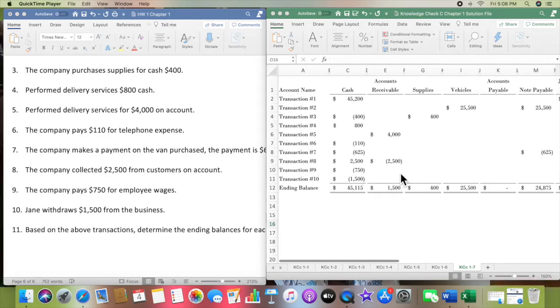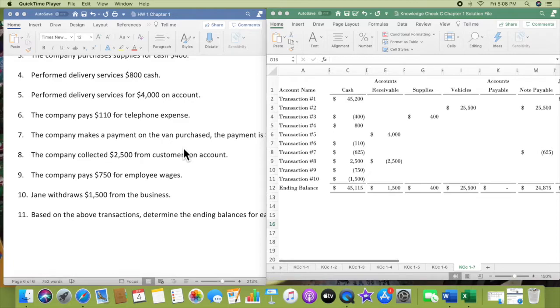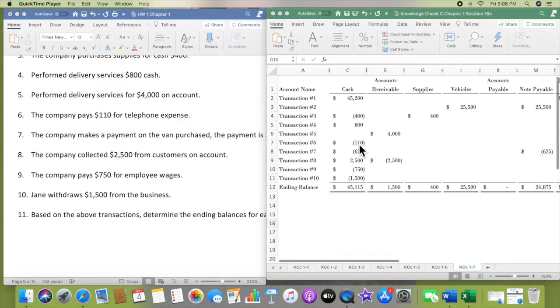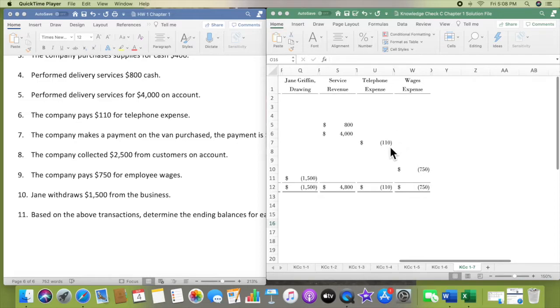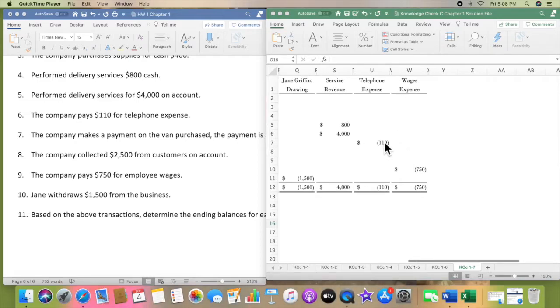Our next transaction, number 6, the company pays $110 for telephone expense. So we have cash going out of the company because we're paying the expense. So we have a decrease in the cash account of $110. And we have our telephone expense account being impacted.